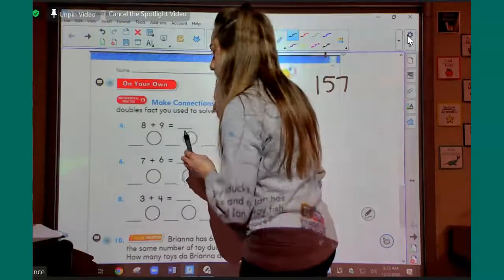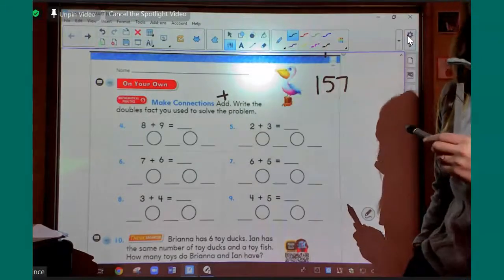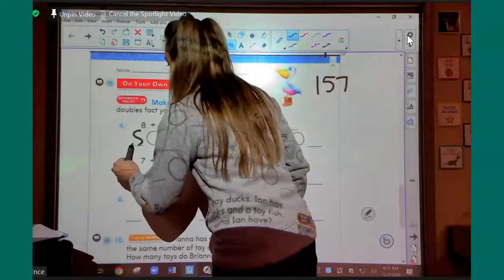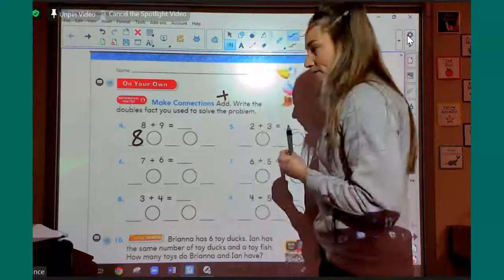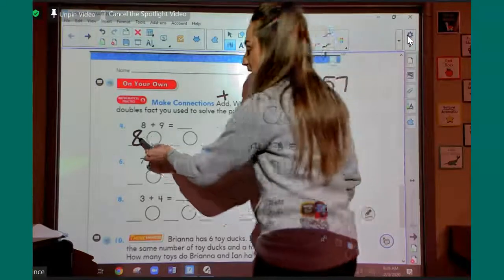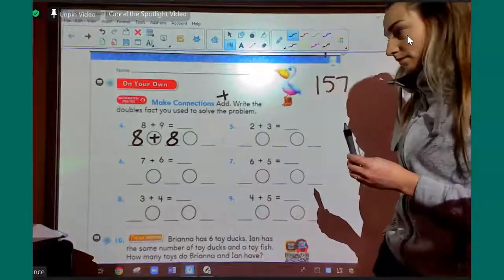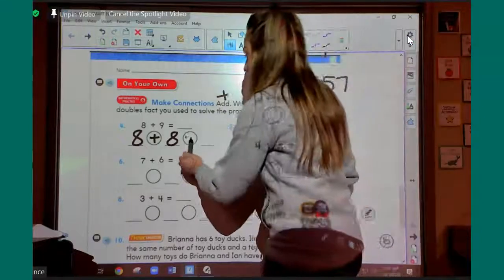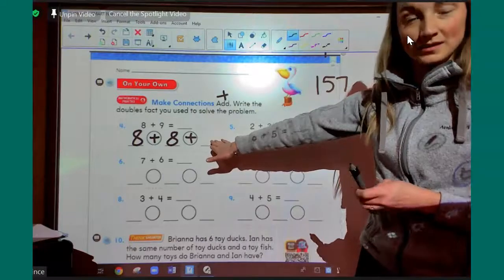Okay. So, if I want to do a doubles plus 1, I'm going to start out with an 8 here, just like they did up there. So we want you to put an 8 in your spot. And we're doing a doubles problem. So if I put an 8 here, I need to put an 8 here. Now, I have to put one more number here.